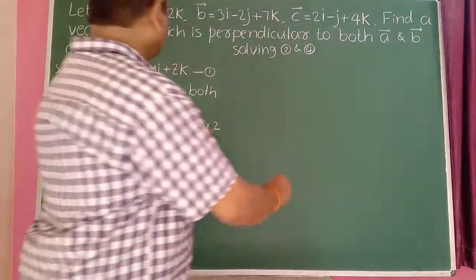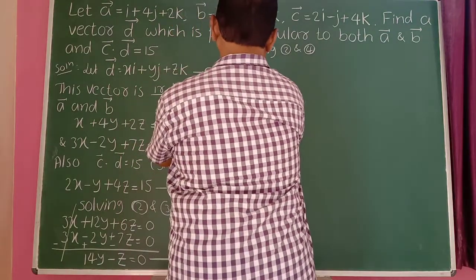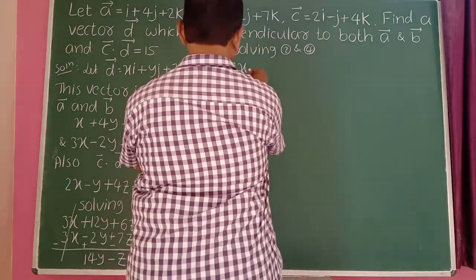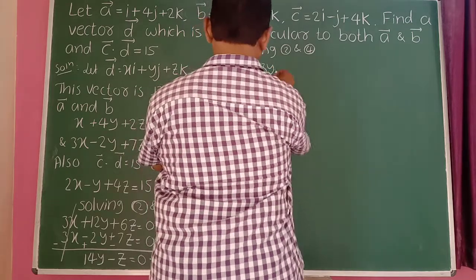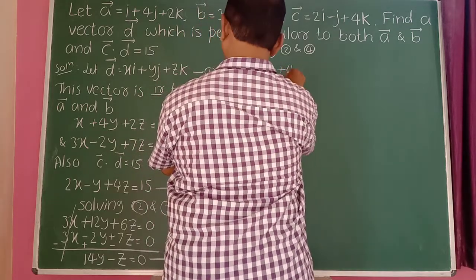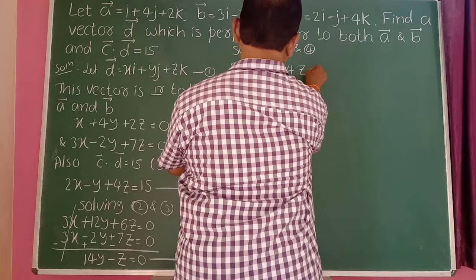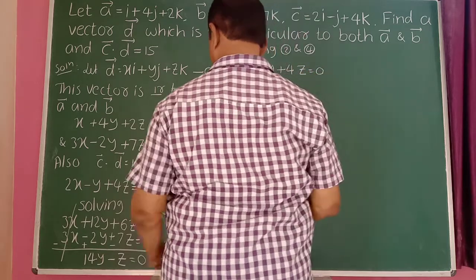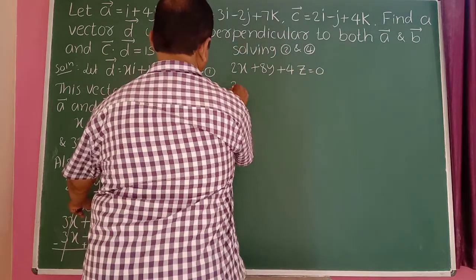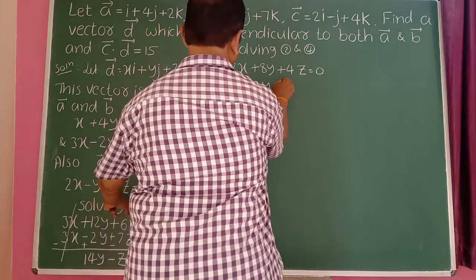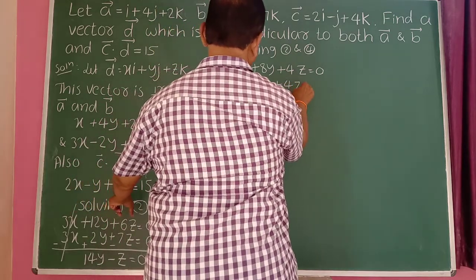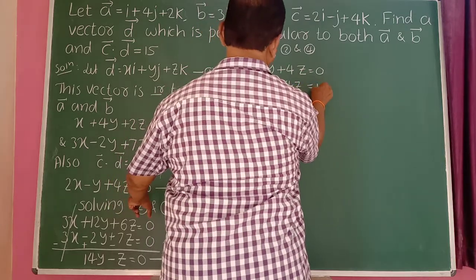Therefore, 2 into x equals 2x, 4 2s are 8 plus 8y, 2 2s are 4 plus 4z. That equals 0. And the fourth equation keep as it is: 2x minus y plus 4z is equal to 15.